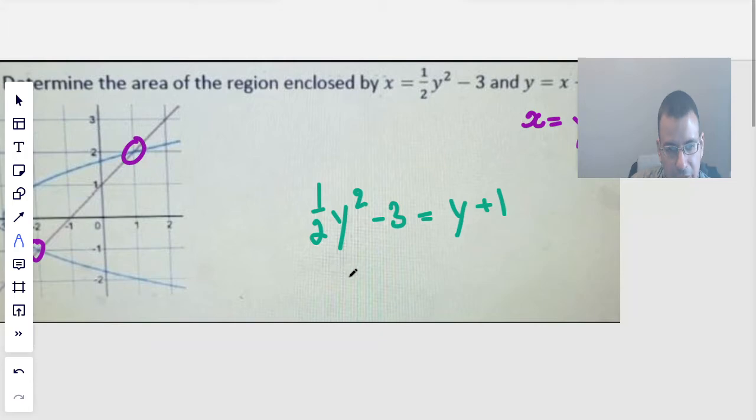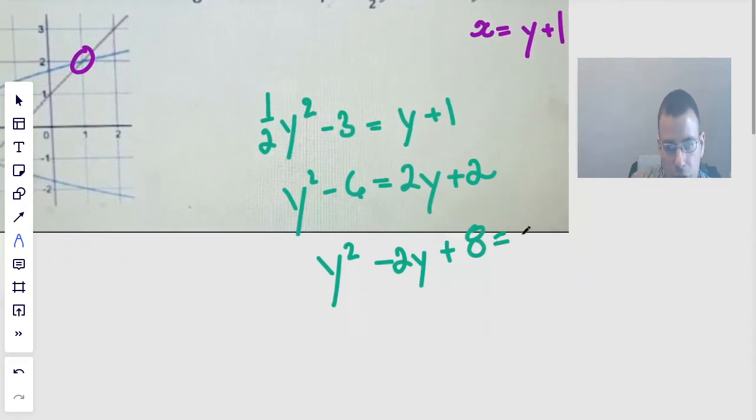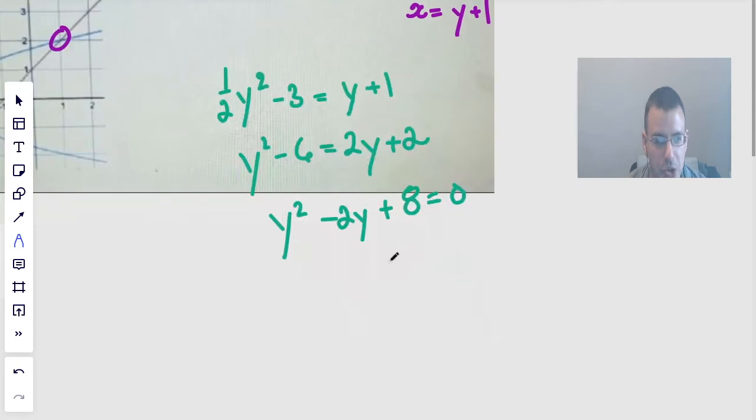I'm going to multiply everything by 2, just because I don't like fractions. Fractions are fine, I just have a disdain for them, which is probably unfair, but such is life. Moving these together, y squared minus 2y minus 8 equals 0. So now we've got a quadratic.